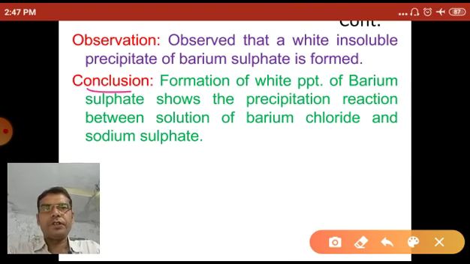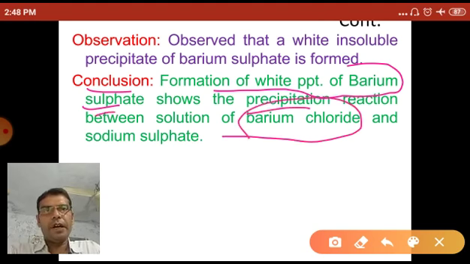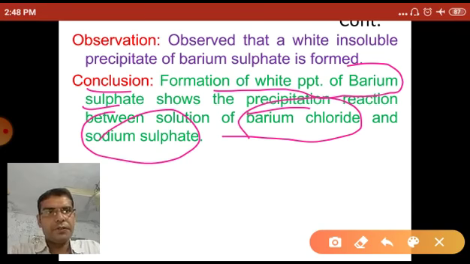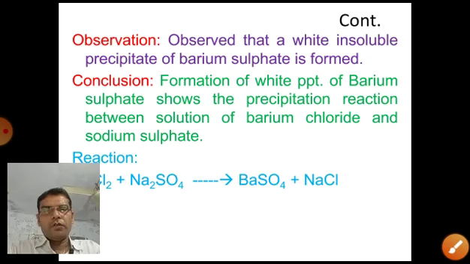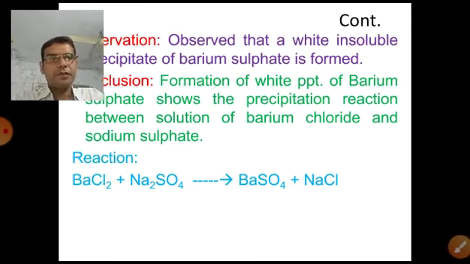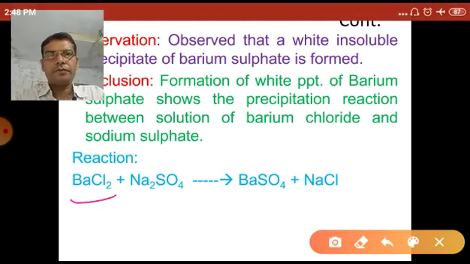So what we conclude is that the formation of a white precipitate of barium sulfate shows a precipitation reaction between solutions of barium chloride and sodium sulfate. Now what happens in this reaction? Barium chloride solution reacts with sodium sulfate solution.